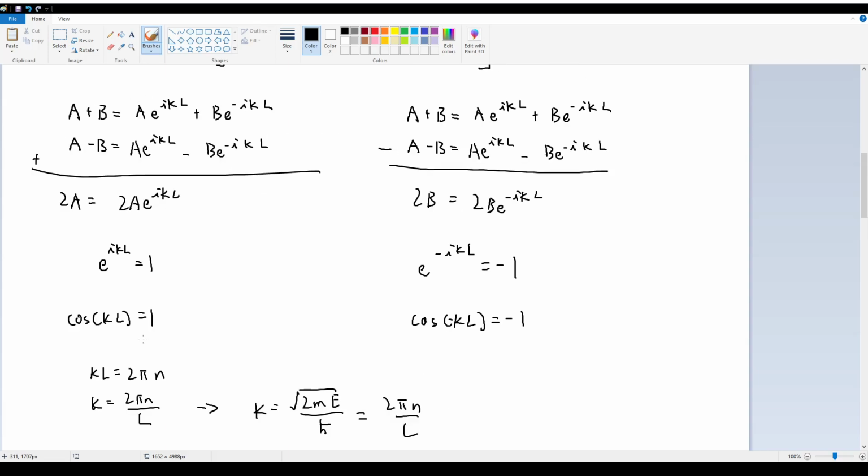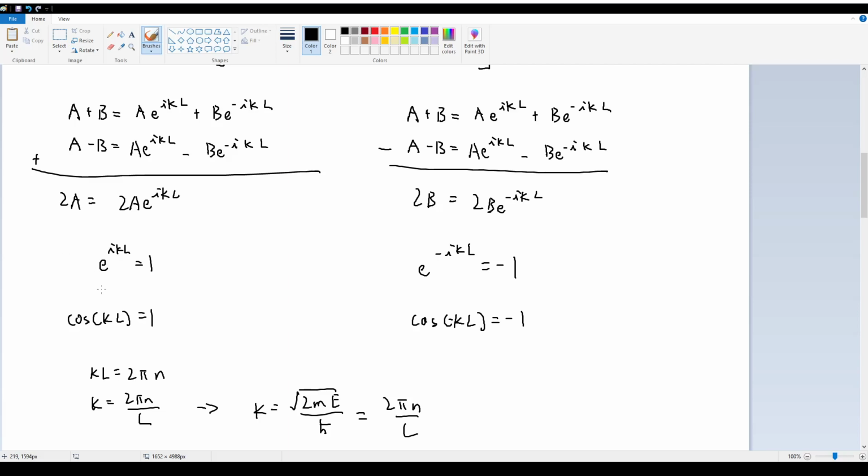The next thing we have to do is find the wave function. And here is where something special happens, because recognize that our two conditions for the energy are independent of each other. It's either a condition purely in A or a condition purely in B. What that implies is that allowing either A or B to equal 0 while keeping the other non-zero is a valid solution, since it would satisfy both of these conditions.